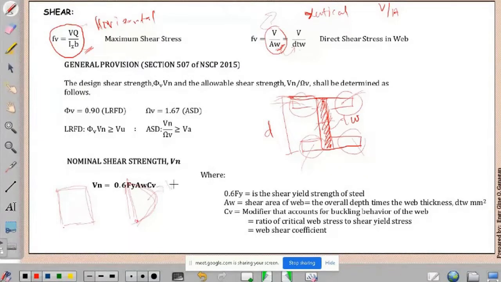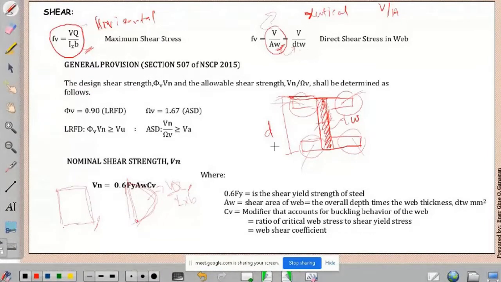So ito yung magiging VQ over IB natin. Or yung ibang equation, yung ginagamit is yung 3V over 2BD pag yung depth and width yung ginagamit na value. Pwede din siya. So this is for rectangular.